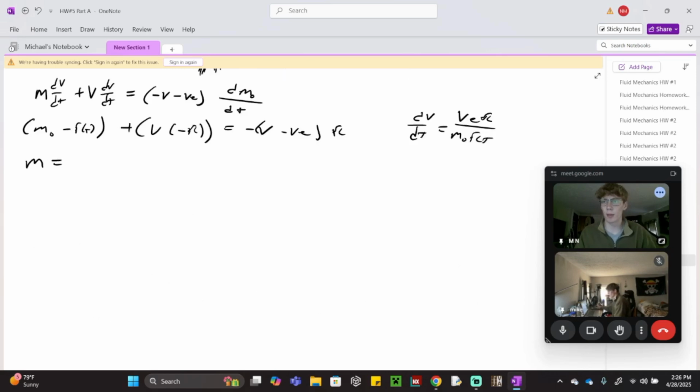M equals m0 minus fct, where m0 is the initial mass of the fueled rocket.